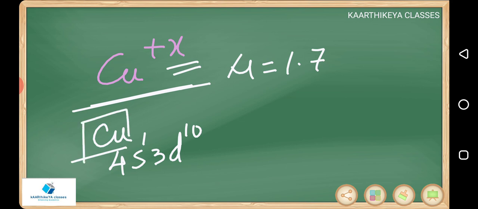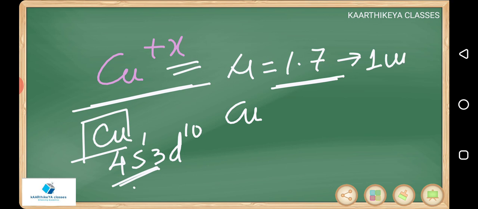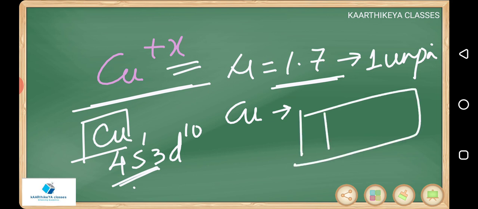Now copper only means one unpaired electron is here, but you are saying copper compound. So copper compounds are generally Cu plus or Cu plus 2. But the thing is here there should be only one unpaired electron. 1.7 means there should be only one unpaired electron. So what you need to do is keep only one electron there. D10 configuration is there. 1 2 3 4 5 6 7 8 9 10. All are paired.